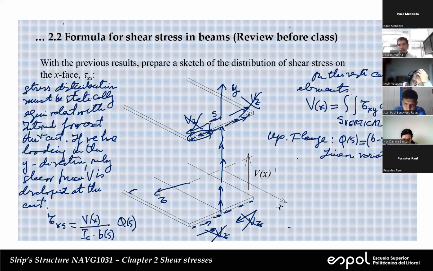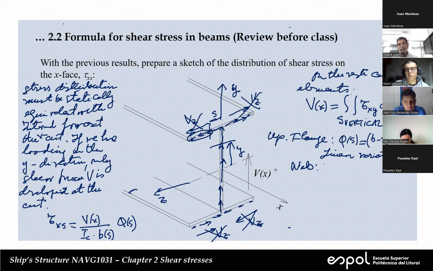And just to remember, on the web, you're going to make a cut here, and this is going to be Y, right? So you have to have the first moment of the full flange, and then you have to add this part here.